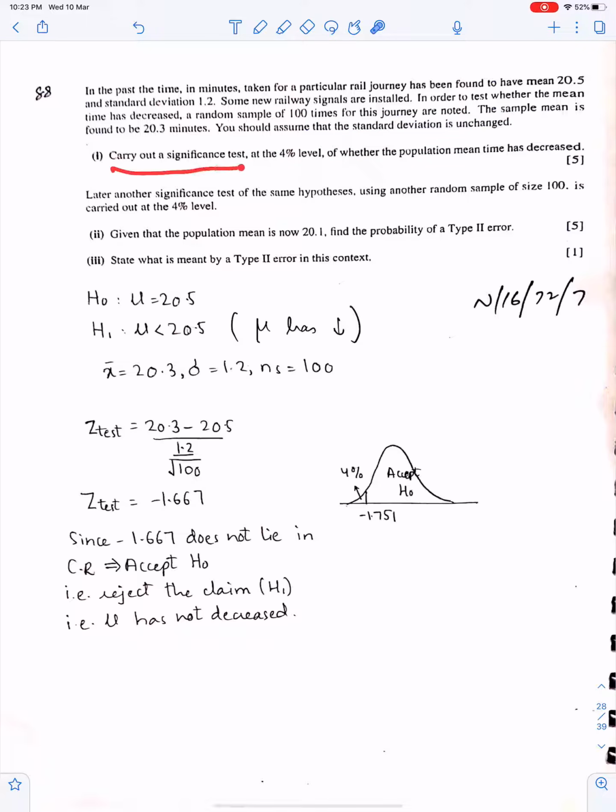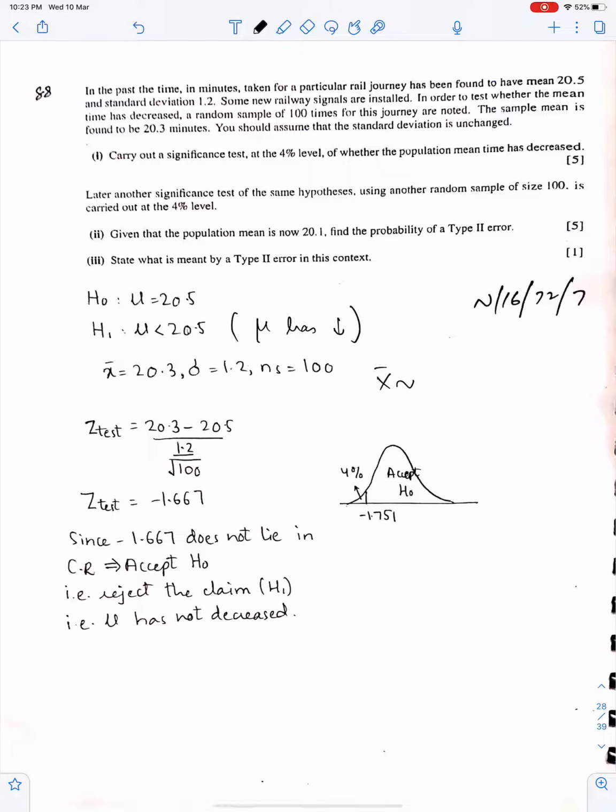Carry out a significance test at the 4% level whether the population mean time has decreased. This is the test value. So z test value, mu, and standard deviation, and this is n.